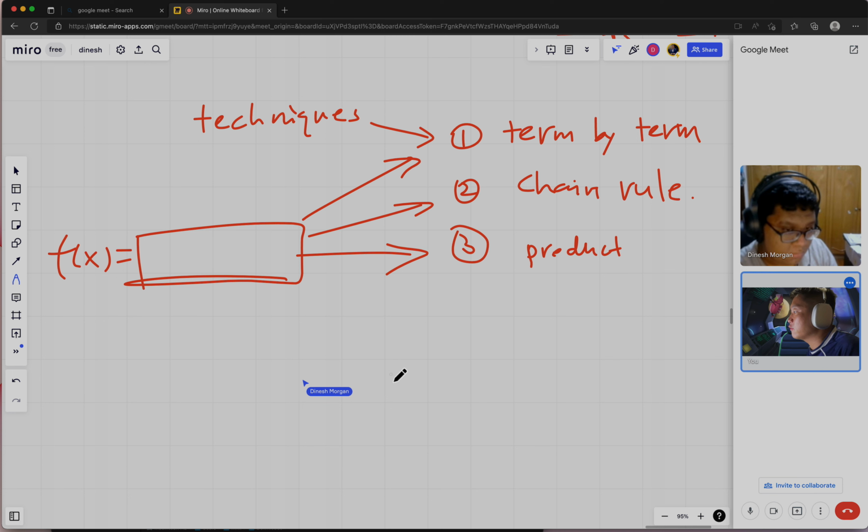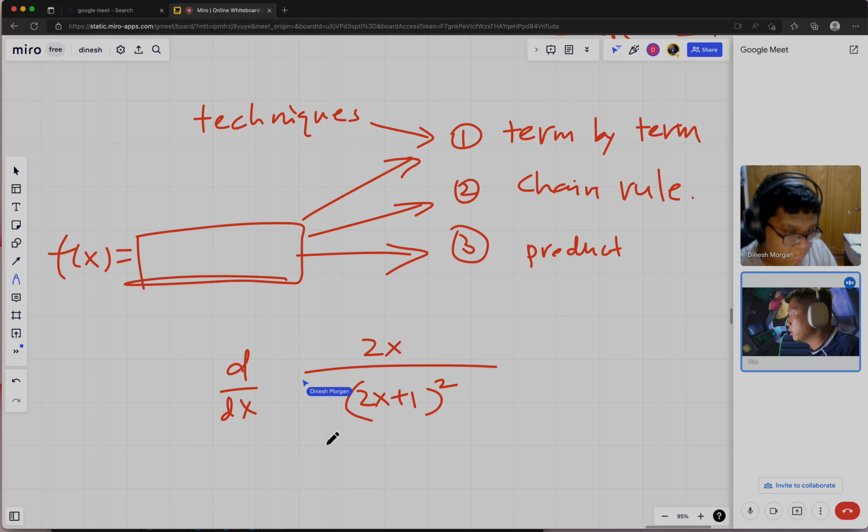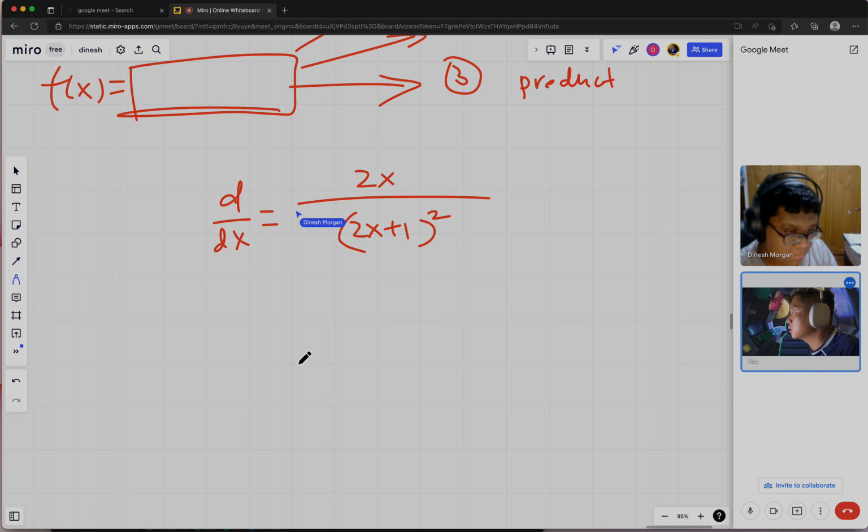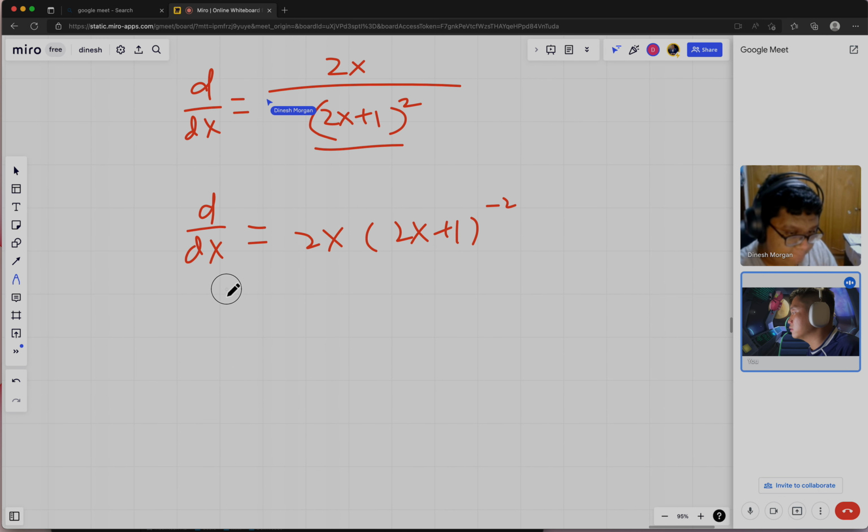For the quotient rule, let's say you have this one, and you need to differentiate this. What you can do is use the product rule. Why? Because you can see this as this. You can bring this on top, so that is negative 2. Then you get your u equals 2x, and v equals this.